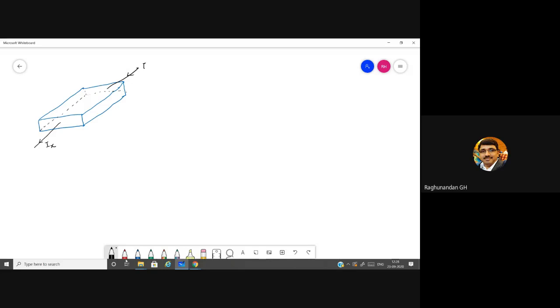So the current flow I'm going to take in the x direction, and the electric field or the force I'm going to take in the y direction. The magnetic field, I'll be taking in the z direction, Bz.